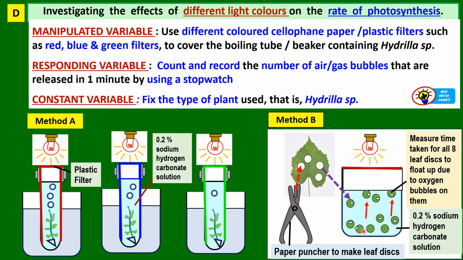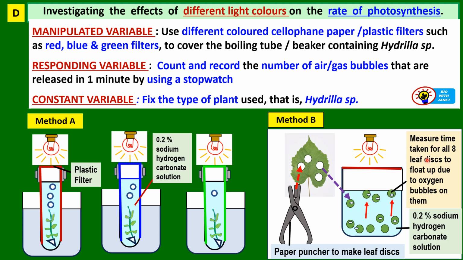So in this case, your manipulated variable is again the different color of light that passes through the filter: red, blue, and green. Your responding variable is no longer counting the bubbles coming up.